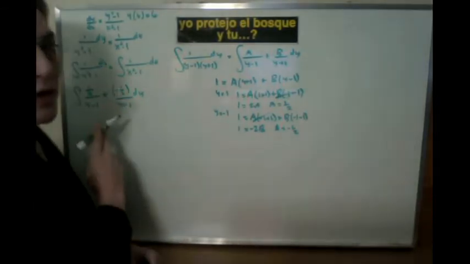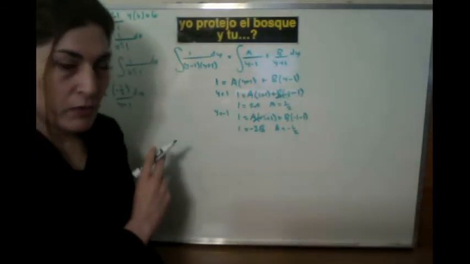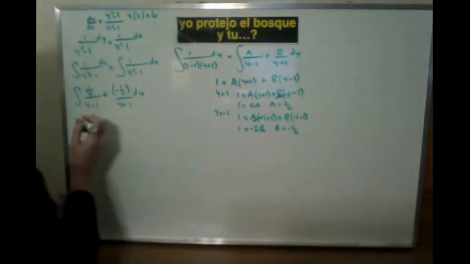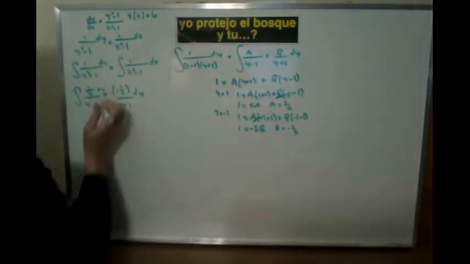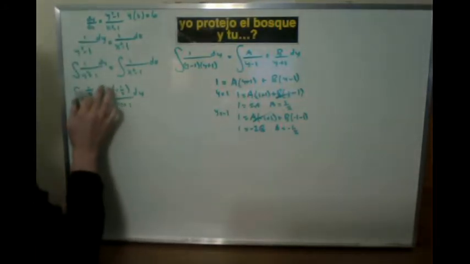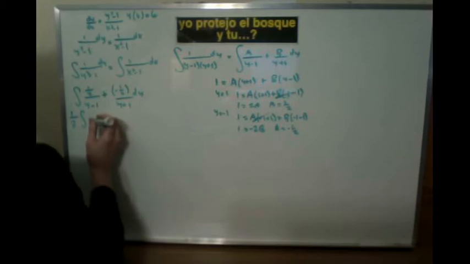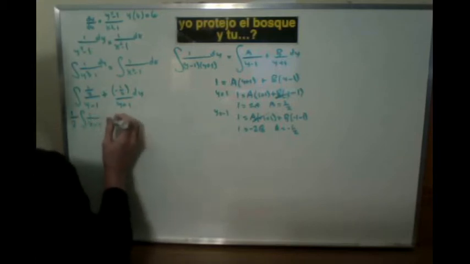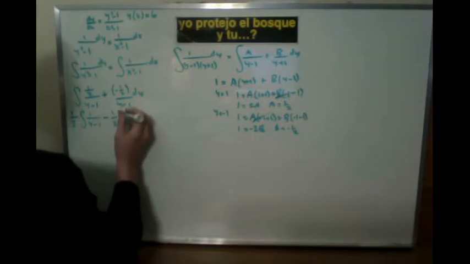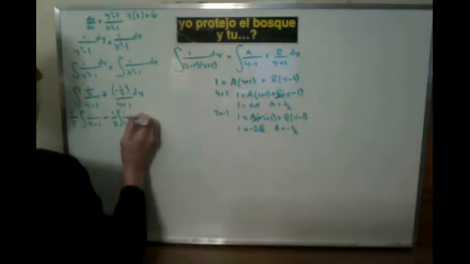This integral can be rewritten by the principle of linearity to give us two separate integrals. 1/2 the integral of 1 over y minus 1 minus 1/2 the integral of 1 over y plus 1.